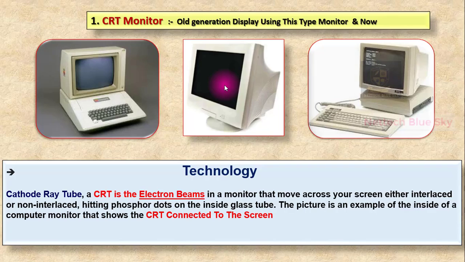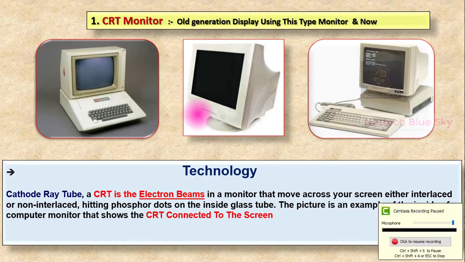So the beams move across the screen either interlaced or non-interlaced, hitting phosphorus dots, that means phosphorus gas inside this glass tube. The picture is an example of the inside of a computer monitor that shows the CRT connected to the screen.